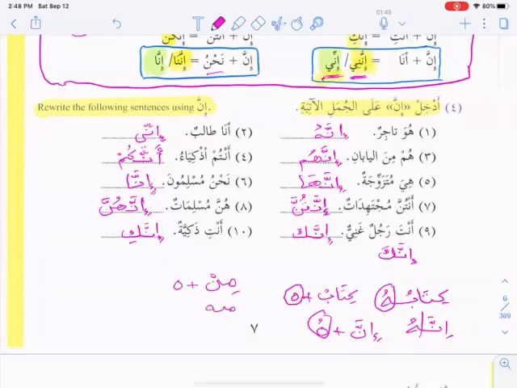We say minhu. What is this hu? This is jar majroor because min is harf jar and then the noun that comes after harf jar is always majroor. So this, my brother and sister, is majroor, but it is attached. It is attached.